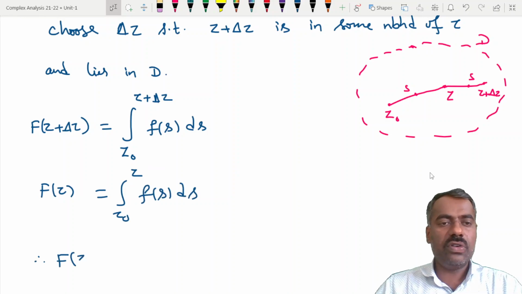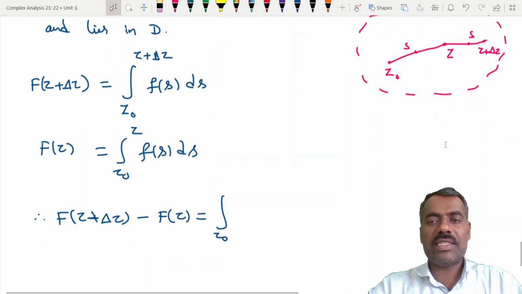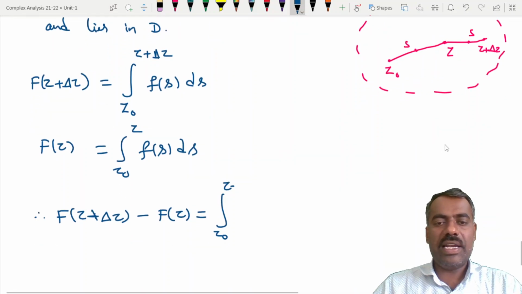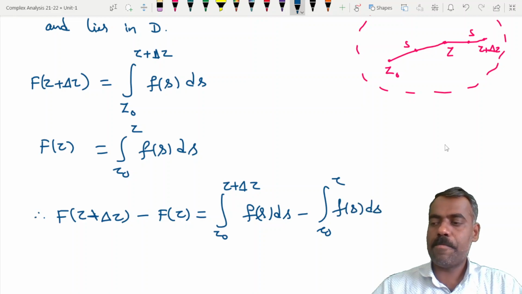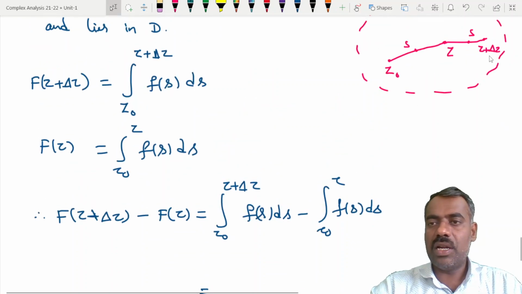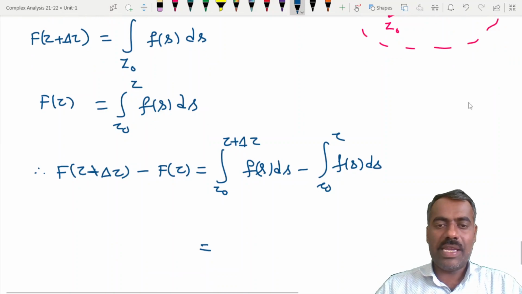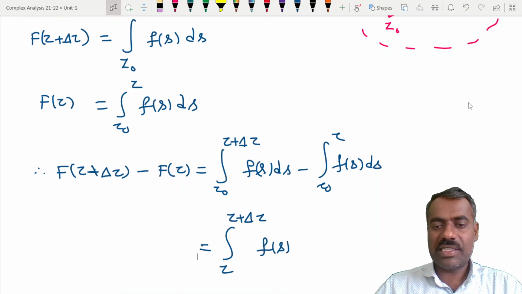Therefore, f of z plus delta z minus f of z is the integral from z naught to z plus delta z of f of s ds minus the integral from z naught to z of f of s ds. You can split z naught to z plus delta z as z naught to z and z to z plus delta z. So the z naught to z parts get cancelled, and what remains is the integral from z to z plus delta z of f of s ds.